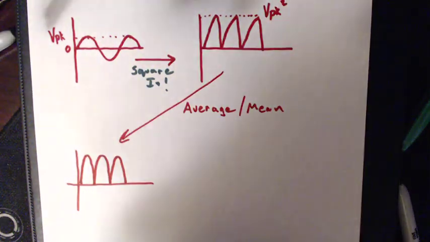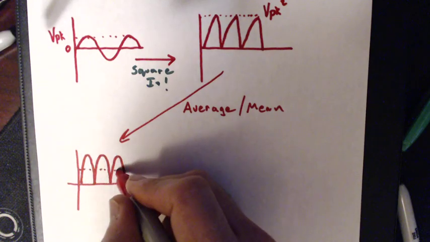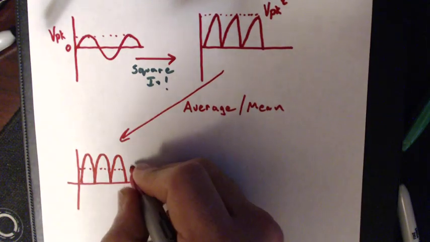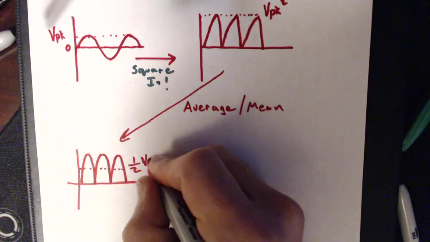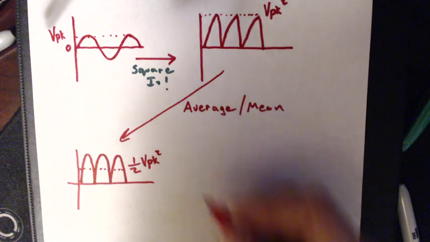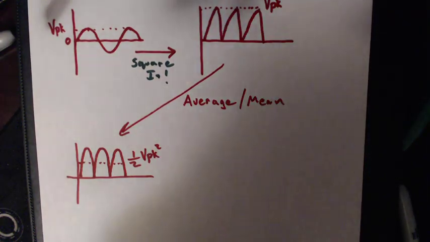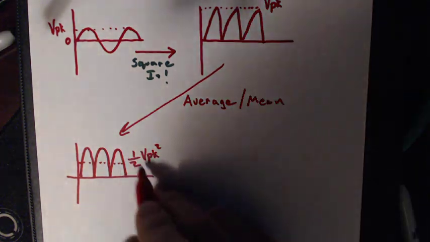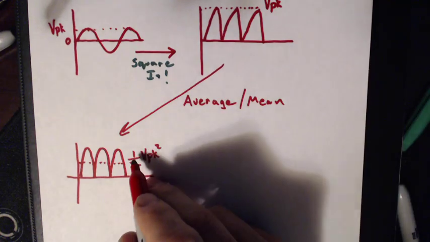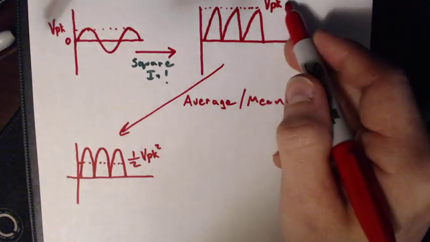Well, if we go ahead and average this, cutting it right down the middle, now we get half our V peak squared. Okay. However, keep in mind this average that we just did isn't representative of our original value. It's only representative of our squared value.